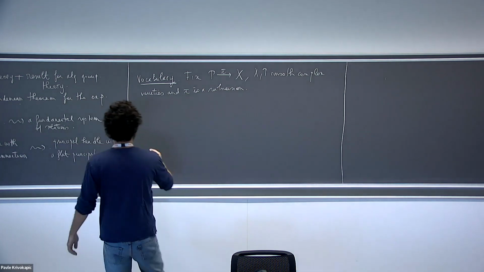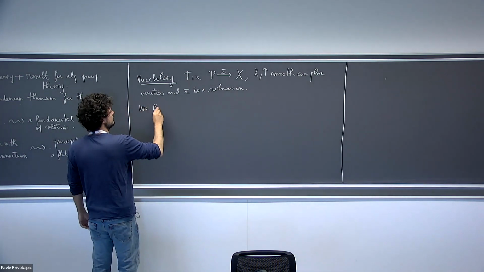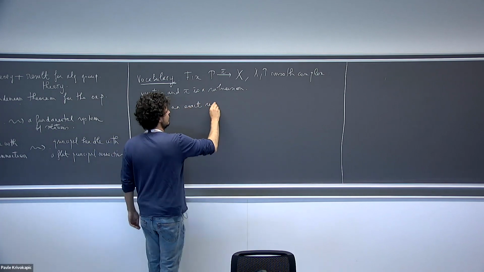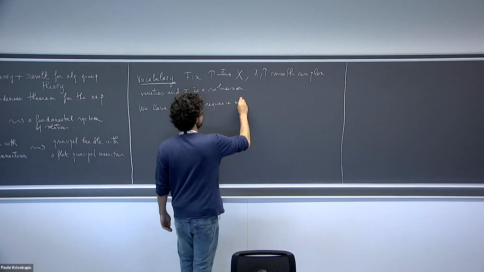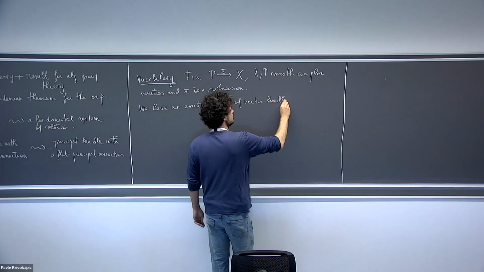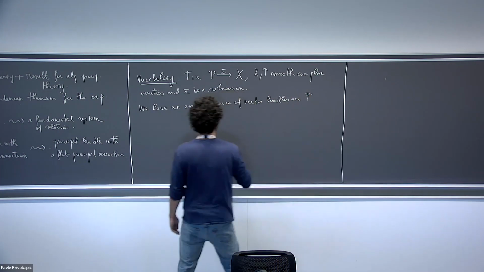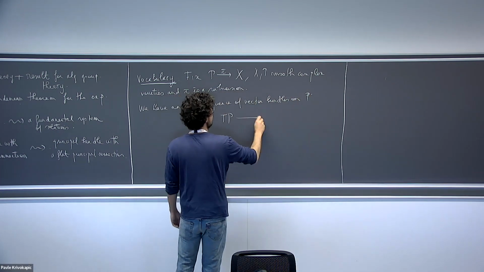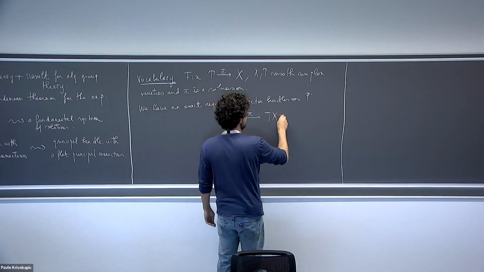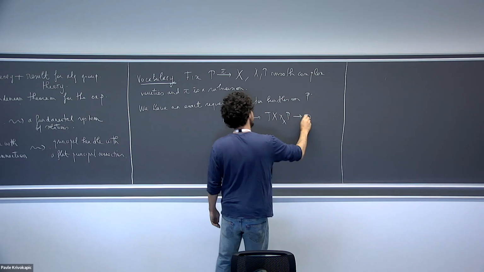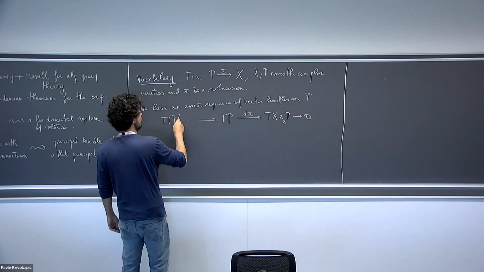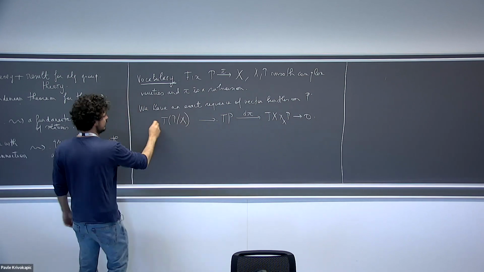And so we have an exact sequence of vector bundles on P. We have TP, which is sent by the derivative of π to the pullback of TX, and the kernel is the set of vertical vectors, called TP over X.